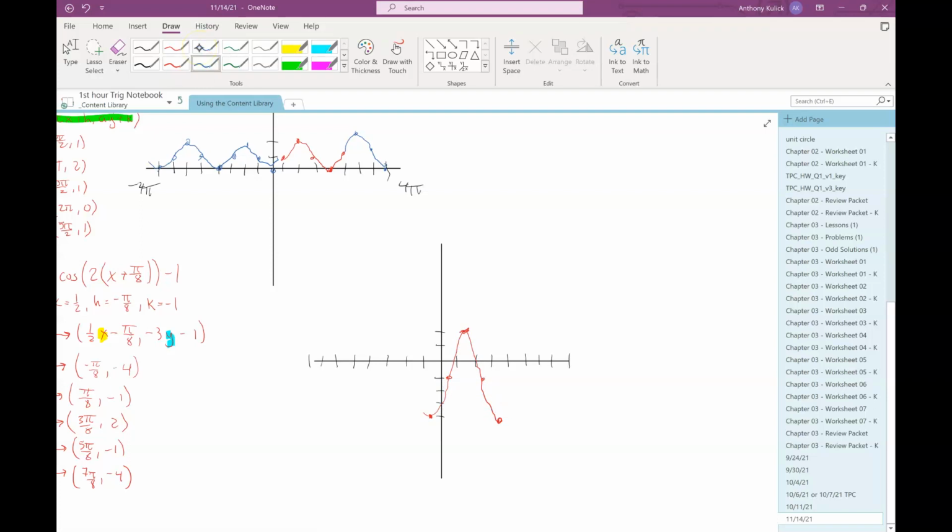And from here, I'm just going to be extending to the right. So I'm going to go back to a middle point, and then a high point, back to the middle, and then a low point, and then the same thing here. So on this side, we'll be going back to the middle point, and then a high point, middle, low, middle, high, middle. So there's my graph. Looks something like that.